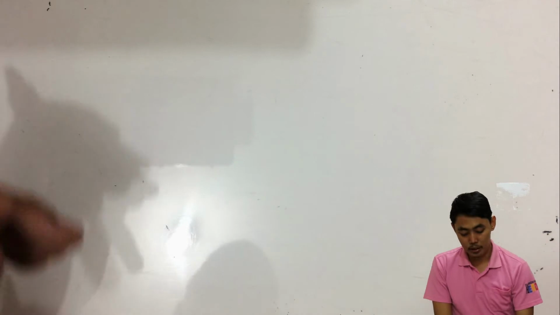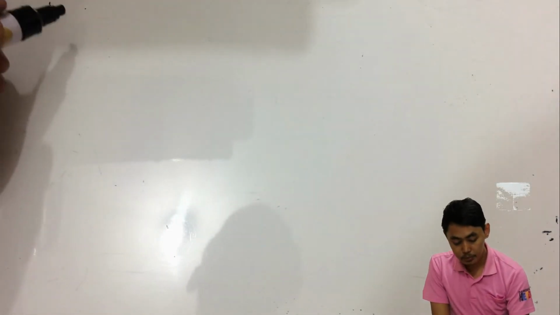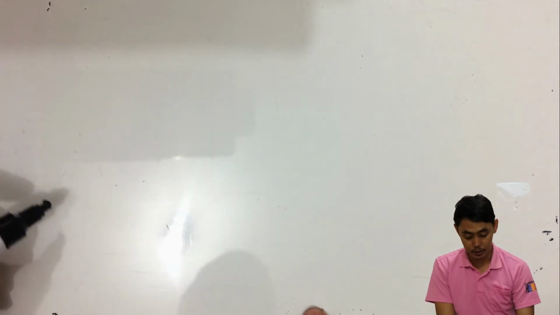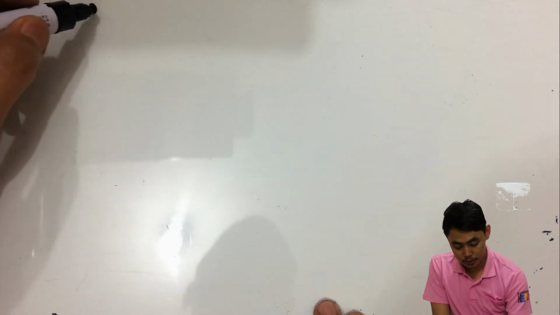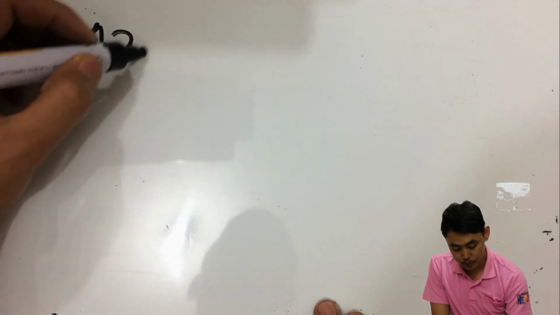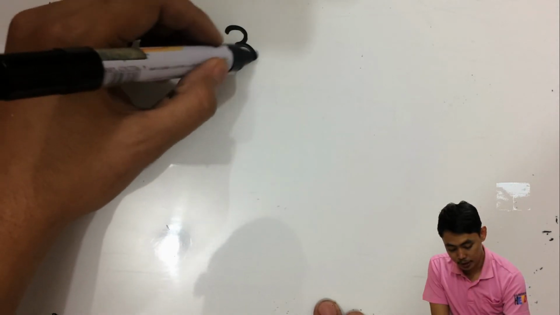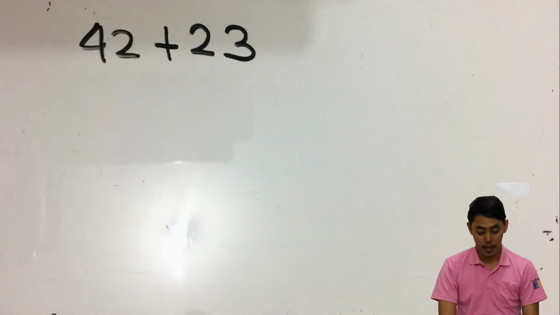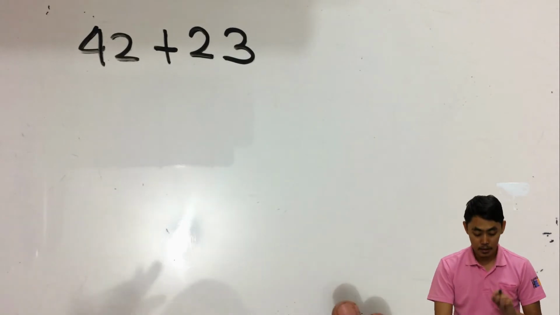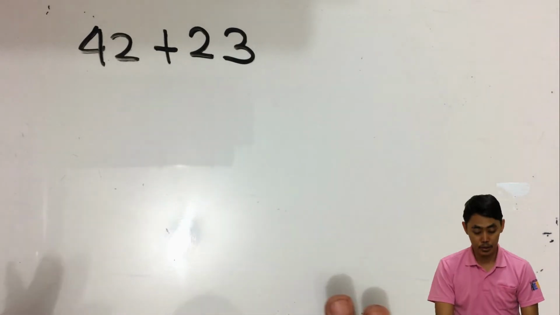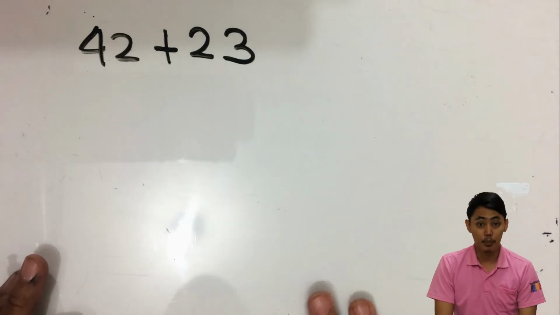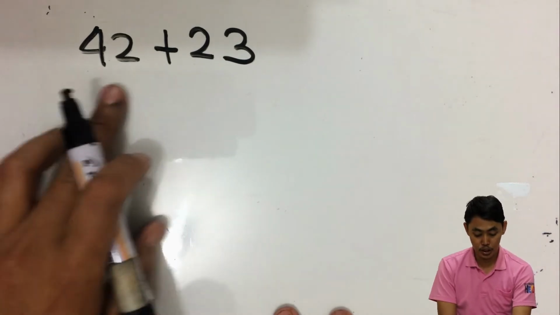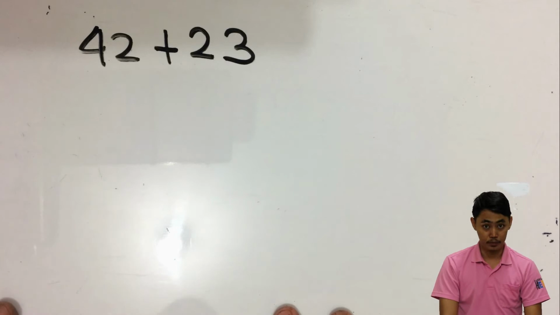So on this part, we will now try to add numbers that have 2 place values. So for example, 42 plus 23. How can we add these 2 numbers? Now, the first thing that we will need to do is to determine the place value of each digit of these 2 numbers.